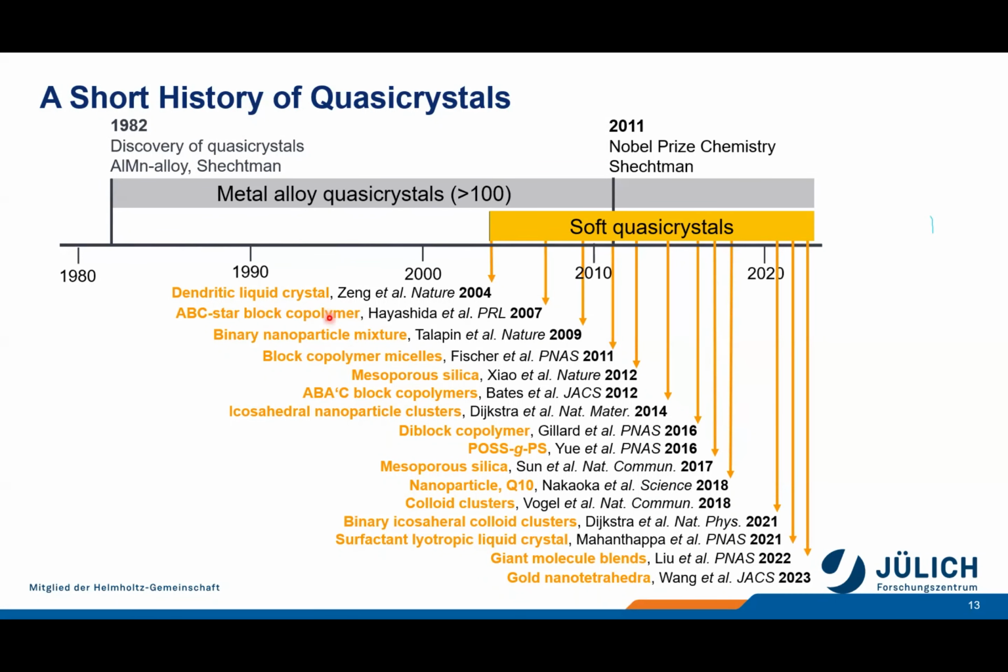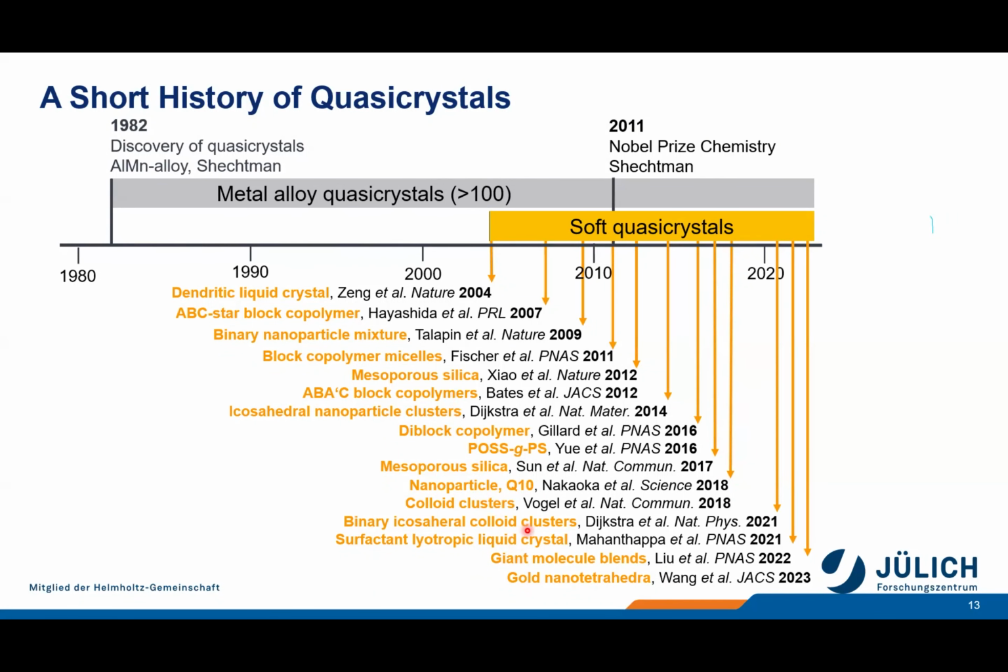So in star block copolymers by a Japanese group, in binary nanoparticle mixtures by Talapin. We discovered them in block copolymer micelles more than 10 years ago. Mesoporous silica, block copolymers, nanoparticles, colloid clusters, even surfactants form those kinds of structures.